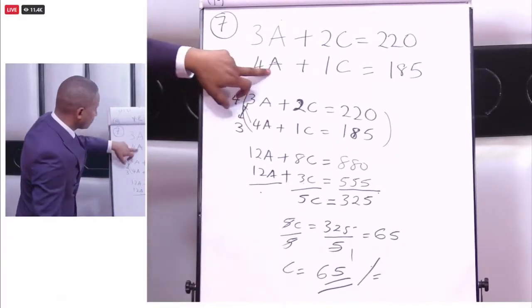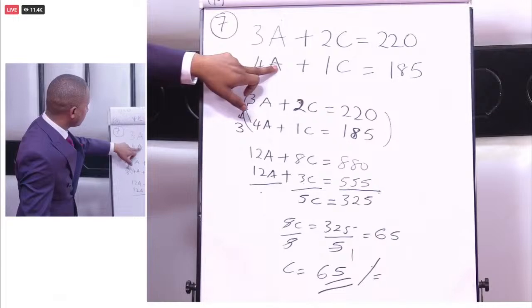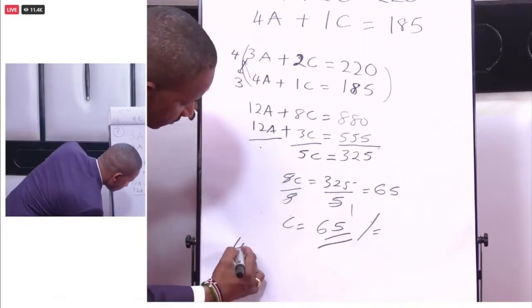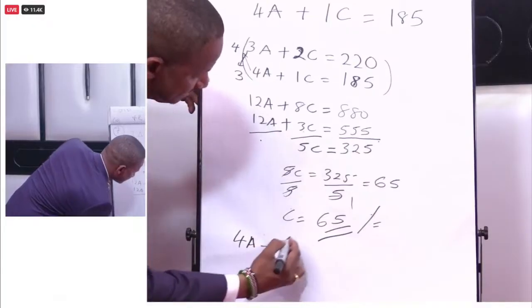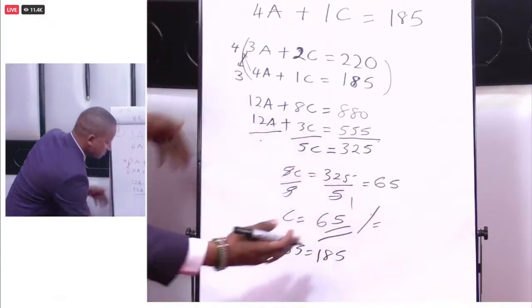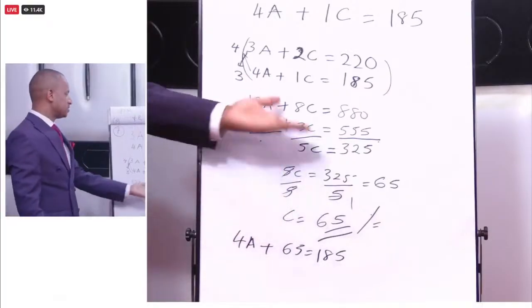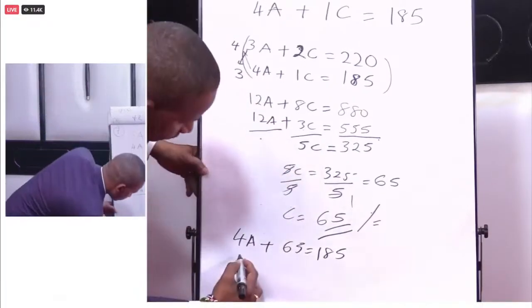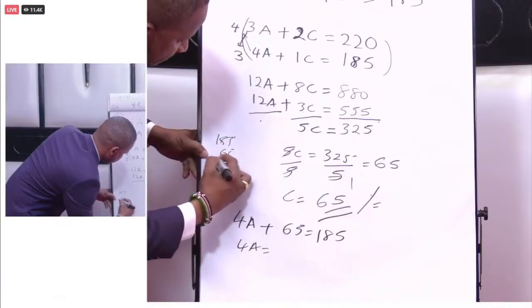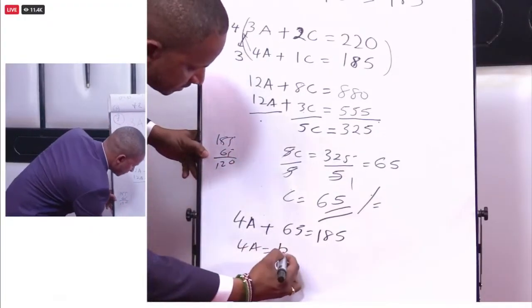But what if we wanted to know the amount of money earned by the artisan? So it is 4A plus C, which is 65, equals 185. This is called substitution. You substitute. So 4A equals 185 minus 65, which is 120.